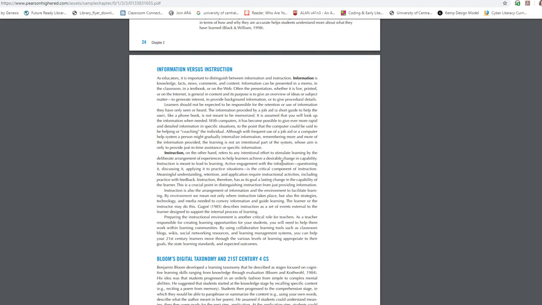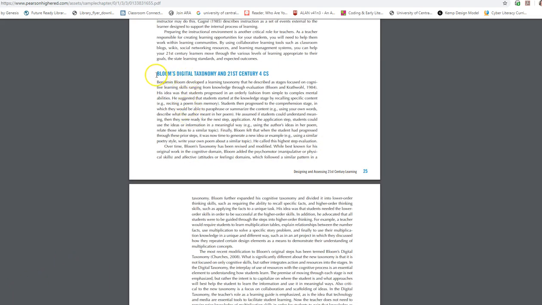So be thinking in terms of your instructional practices: are you relying on just a one-time hit or miss scattering of information that you give to your students, or are you truly instructing them and offering strategies and the technology and the media that will help the students really internalize the learning rather than just acquiring some information?